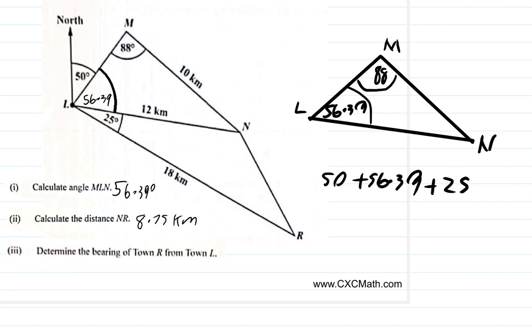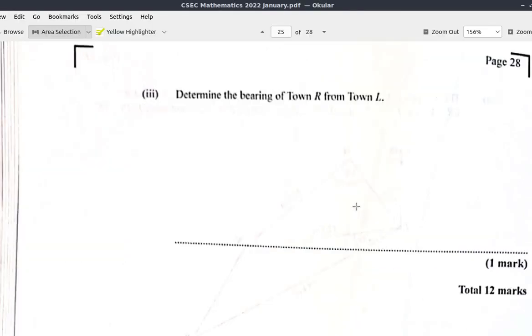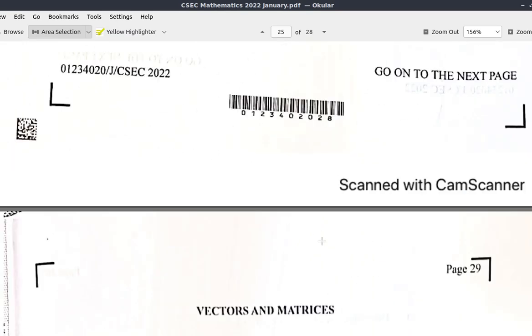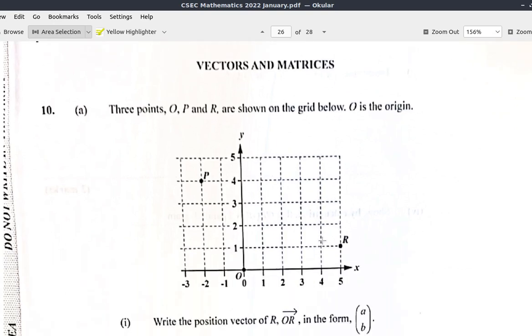So our bearing there is 131.39 degrees. We just call it 131 degrees. So there you have that. That is the end of question 9. So we look at question 10 next time.